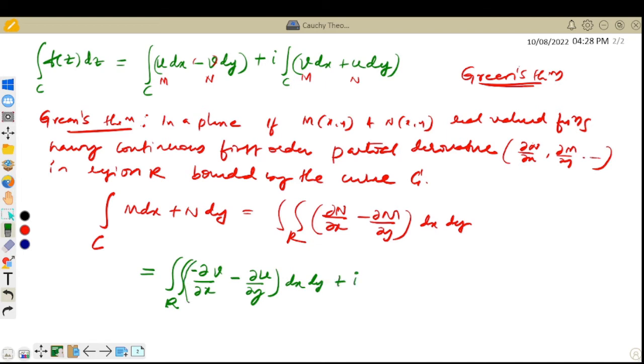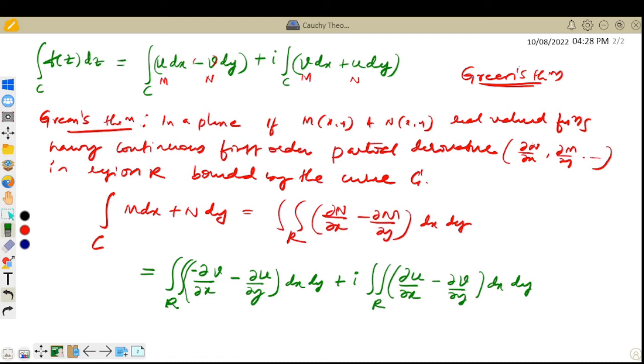Plus i times again double integration over a region R, M means v, N means u, dou u by dou x minus dou v by dou y into dx dy.